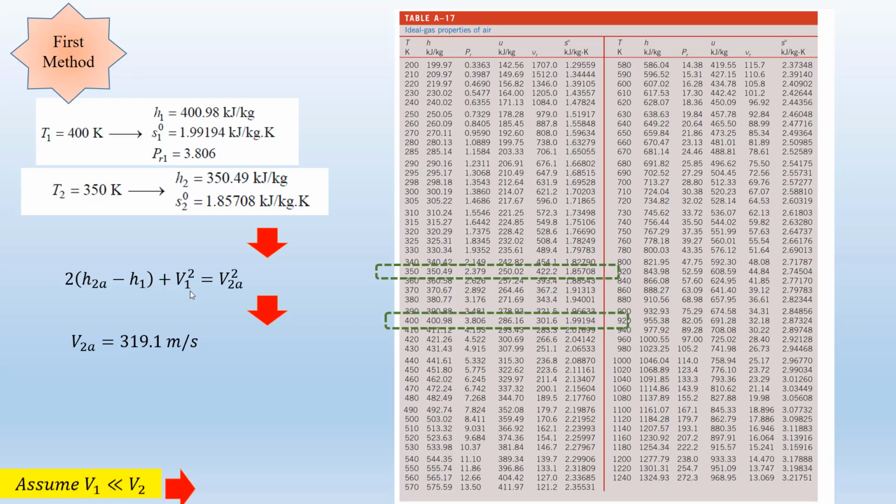If you assume that the inlet velocity is negligible with respect to the velocity at the exit of these nozzles, this is probably a good assumption because the inlet velocity is 30 meters per second and the exit velocity is almost 320. So probably this is a good assumption.